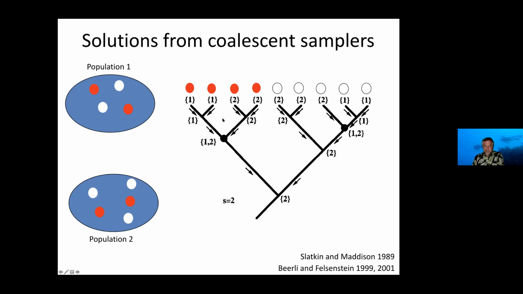So if we reconstruct the coalescent history, or integrate across all possible coalescent histories, and this is the true history of these samples, then with a quick little parsimony calculation, and these are the locations where the samples were taken, the ancestral sample came from population 2, and we can infer that there was a gene flow event from population 2 to population 1.